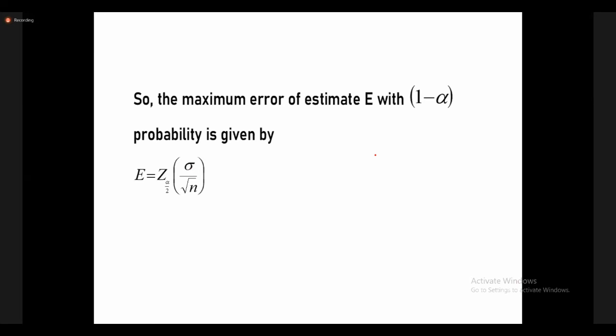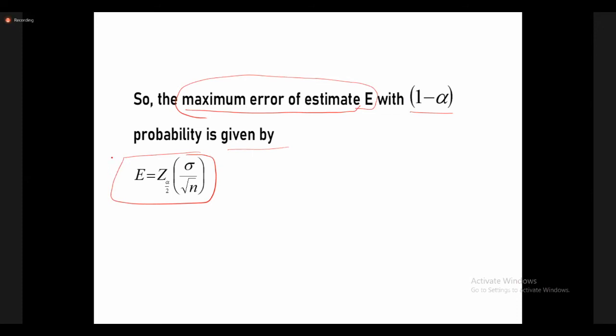All of you see the next formula. The maximum error of estimation is denoted by capital E. The maximum error, with 1 minus alpha probability, is given by this. Remember these two formulas.